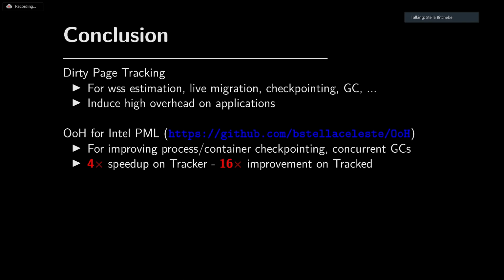In this work, we propose to leverage Intel PML, which is a hardware functionality that allows to track the guest memory accesses, and we have shown that PML can bring up to 4 times speedup to the tracker and 60-time improvement on the tracked application.